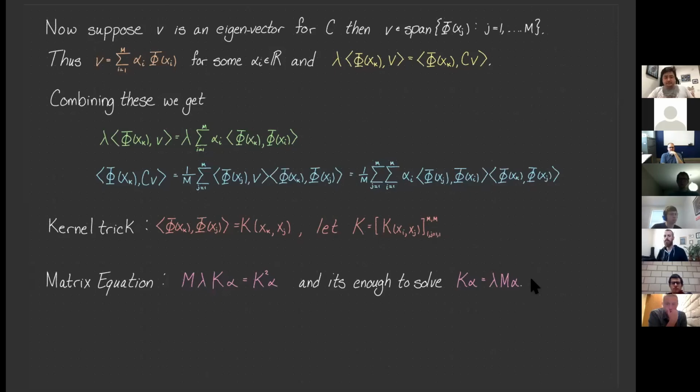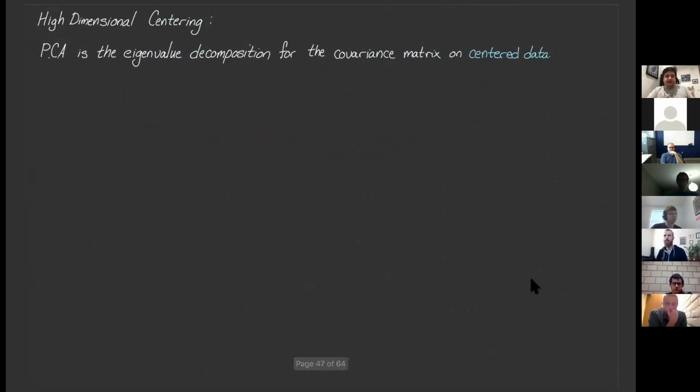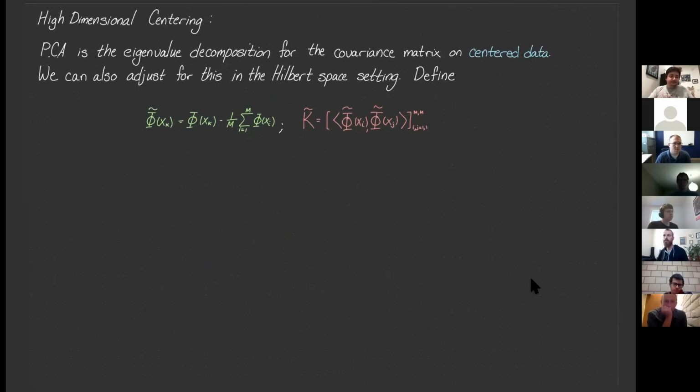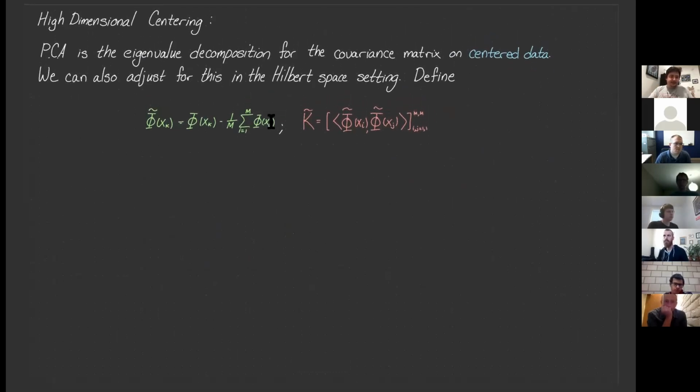All right, and so I did say this bit about needing centered data. This is also handleable in the Hilbert space setting. Essentially, just subtract off the average of this. And again, we don't really do that.